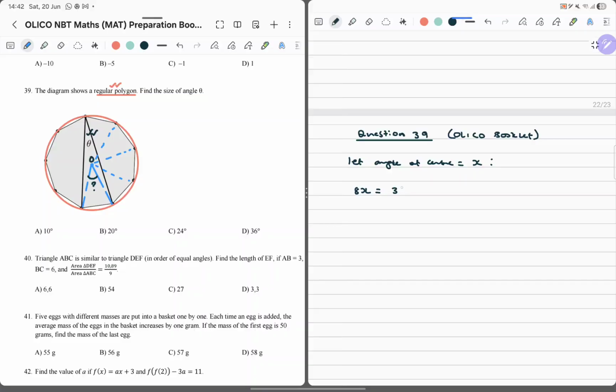So 8x is equal to 360 degrees. Again, this is the revolution. Now this means x is 360 divided by 8.